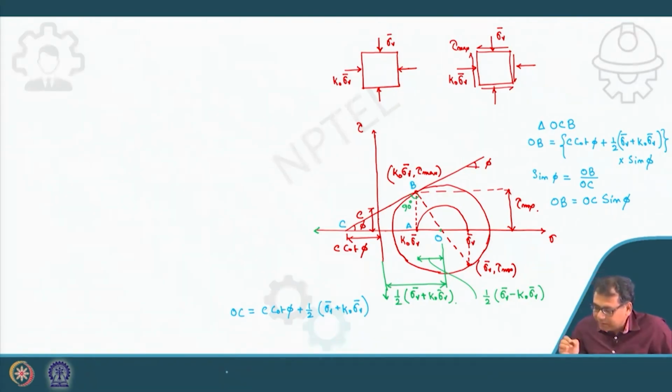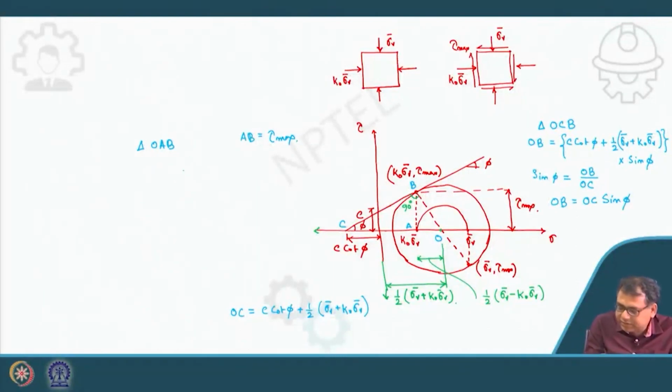Clear? Now I will come to the triangle OAB. In triangle OAB, I have to determine AB, because AB is equal to tau max actually. AB is equal to tau max. Fine. So from this triangle I can write that my AB square will be equal to OB square minus OA square. Now what is OB?